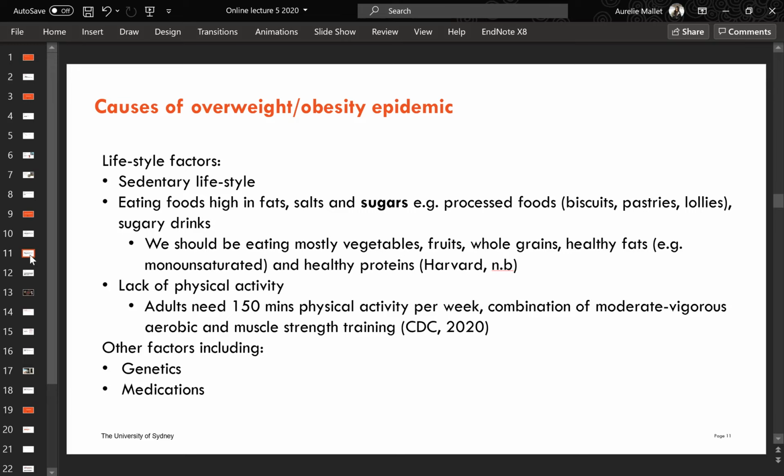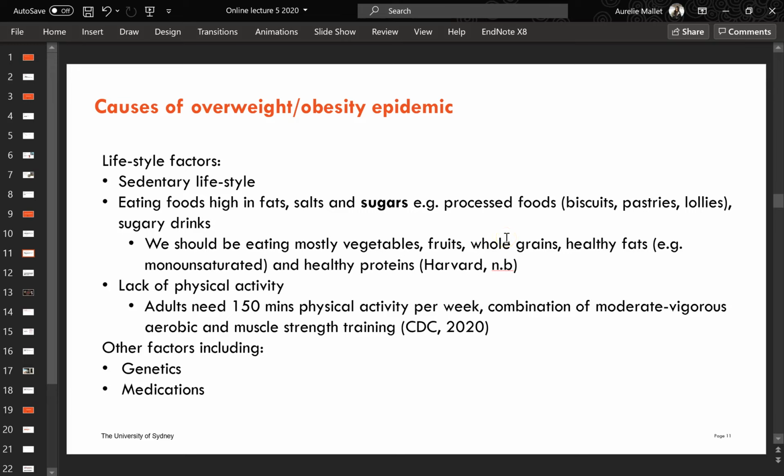So what we should be eating is mostly vegetables, fruits, whole grains, healthy fats, and healthy proteins, but it's not actually what's happening. We're not eating a lot of whole foods these days, and we tend to be eating more processed foods, and these tend to be really, really high in fat, salt, and sugars. So as you can see here, eating excess sugars is part of the obesity epidemic.